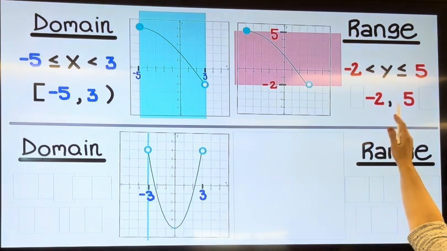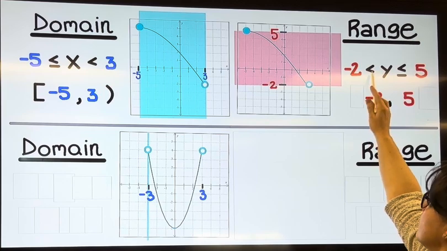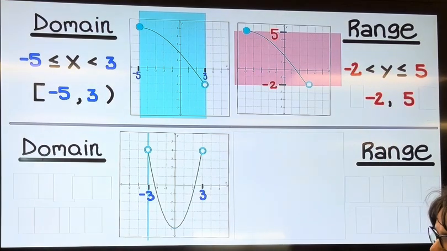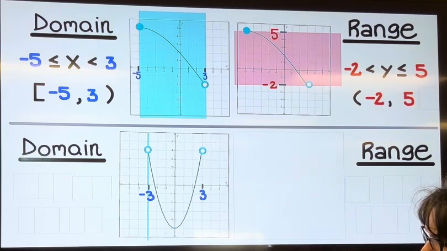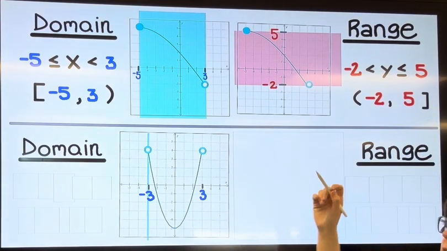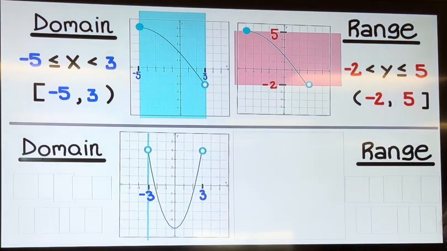So from -2 through 5, the plain less than goes with the parenthesis, and the less than or equal to is a bracket. We're saying our y coordinates are between -2 and 5, including 5.